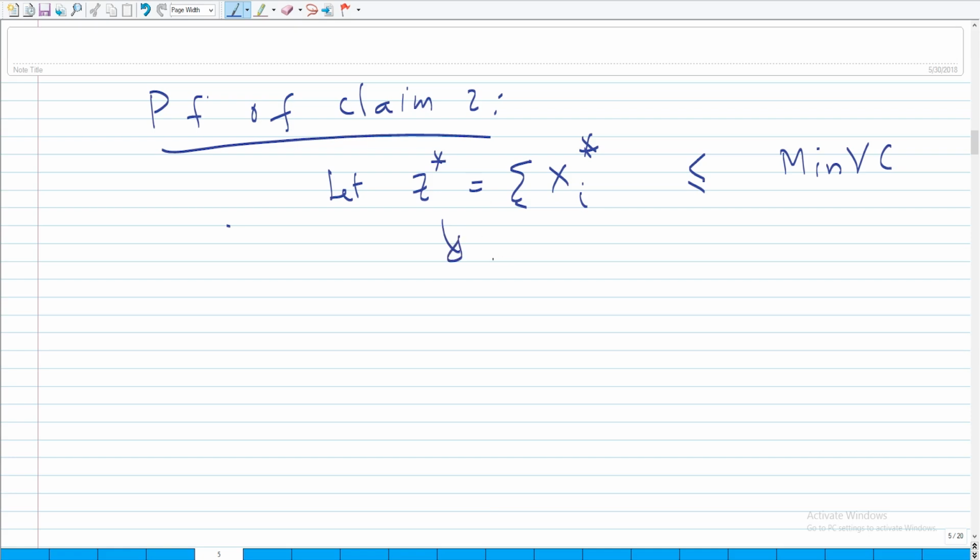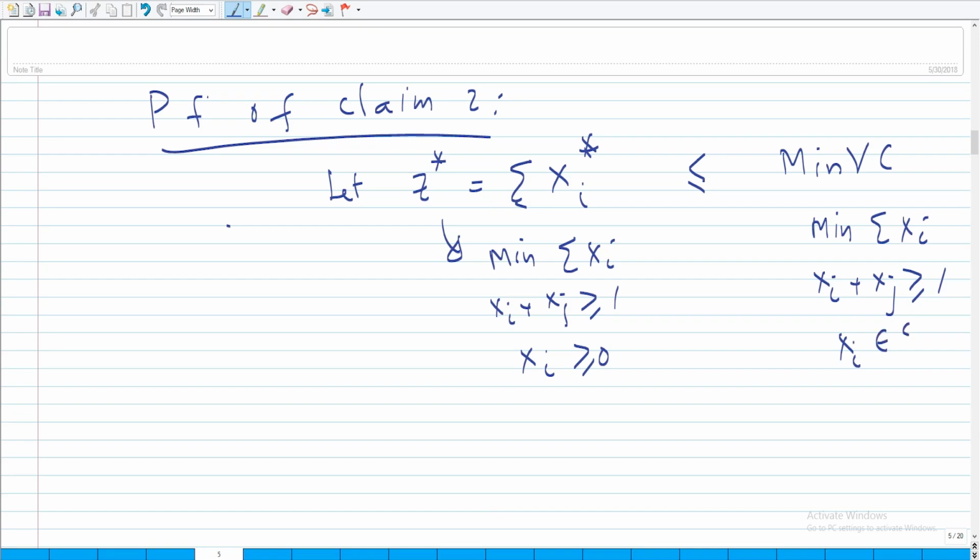Because I solve this with x i plus x j greater than or equal to 1 and x i greater than or equal to 0. Any solution of the integral problem is also a solution here, and now I have relaxed it. So, I may get even fractional solutions and this value could become smaller. Okay. So, Z star is less than or equal to minimum vertex cover.